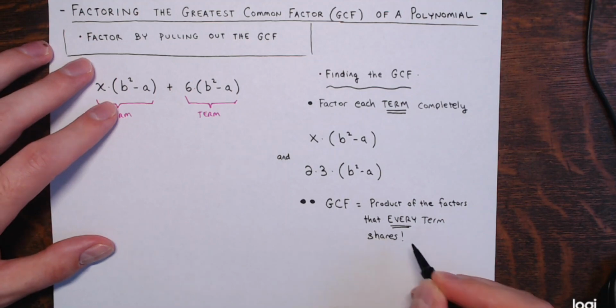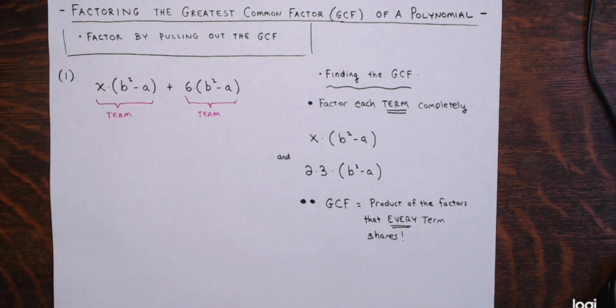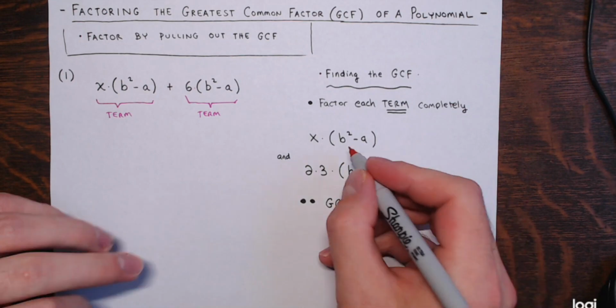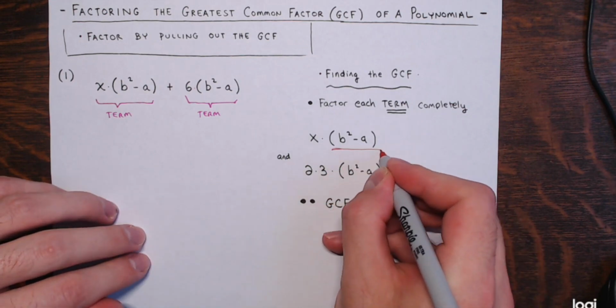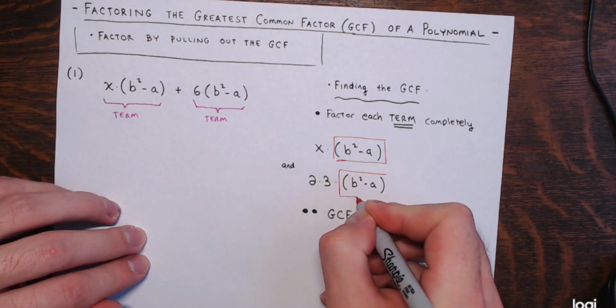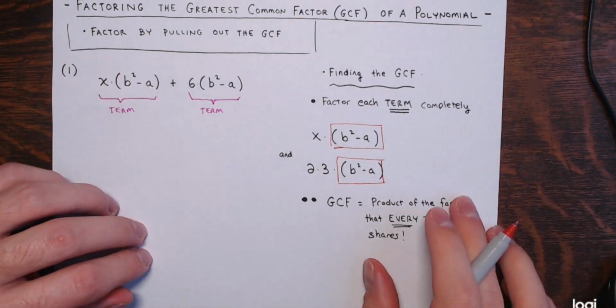So if I look at these two terms and their factorizations, they share this factor of b squared minus a, and that's it.